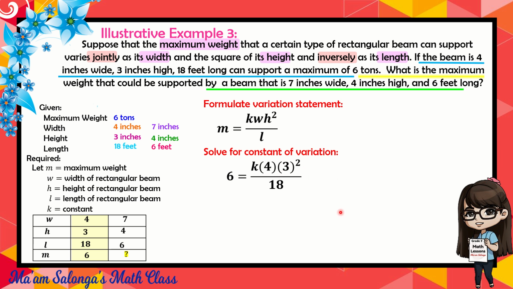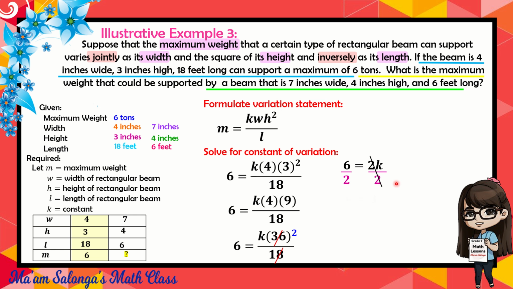So let's simplify further. 3 squared is 9. Then multiply 4 by 9, that is 36. And we know that 36 is divisible by 18. So 36 divided by 18, that is 2. And then we have k times 2, that is 2k. So we have 6 equals 2k. Then divide both sides by 2, so k is equal to 3.